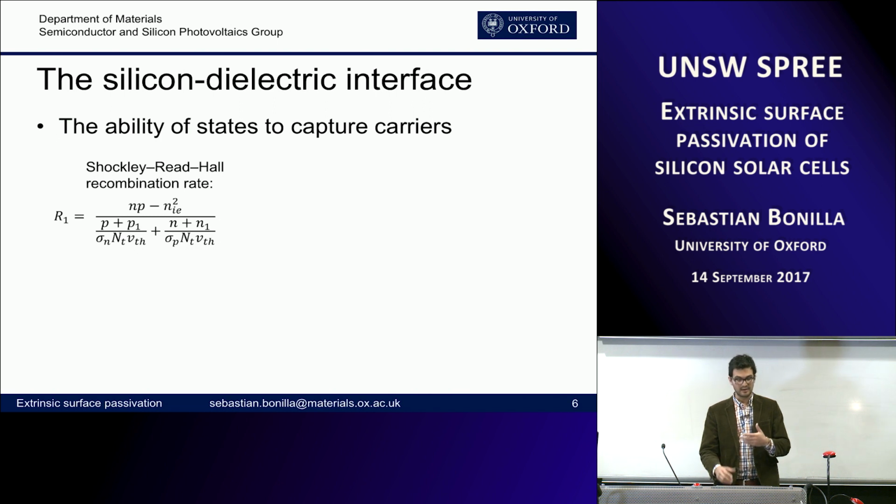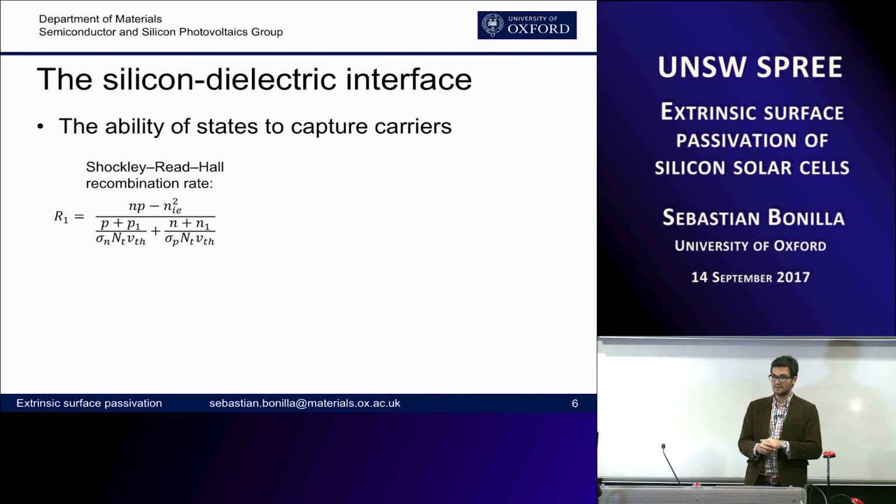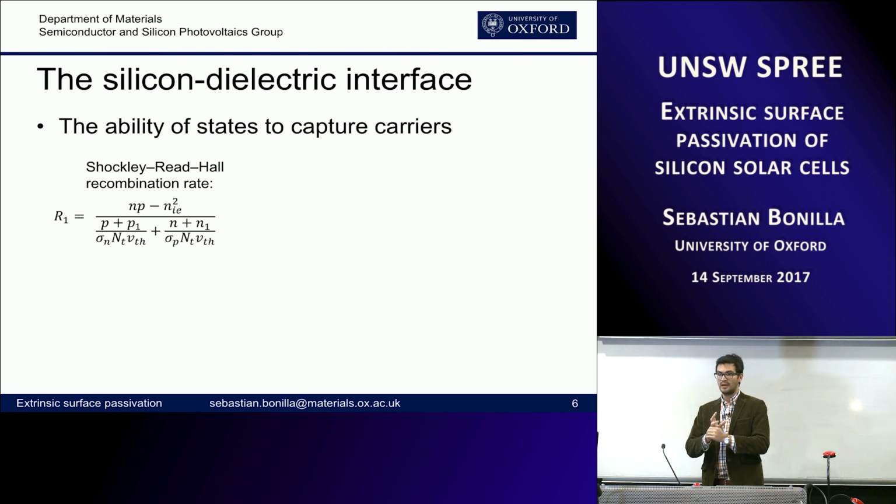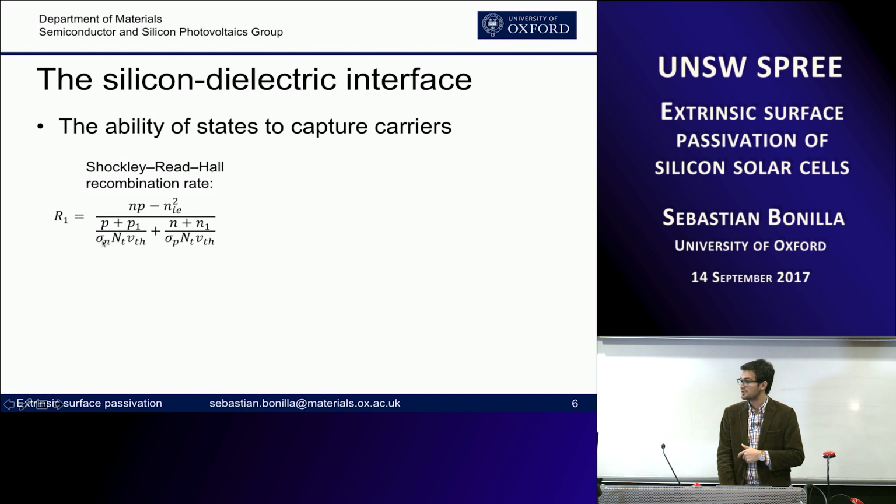Then the second thing that I want to make clear has to do with the ability of an interface state to capture an electron-hole pair. So in most studies, one makes reference to the D_it, or the concentration of interface states at the silicon surface. Now, while that is important, the recombination rate is actually proportional both to the concentration of those states times their capture cross-section.